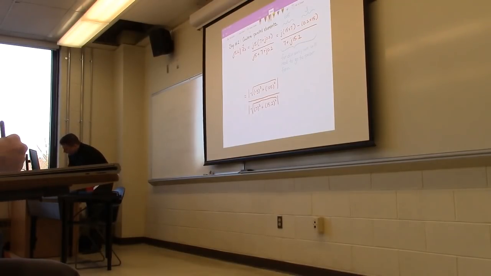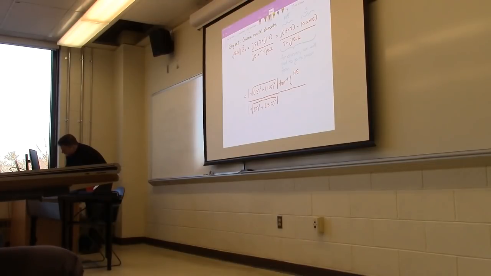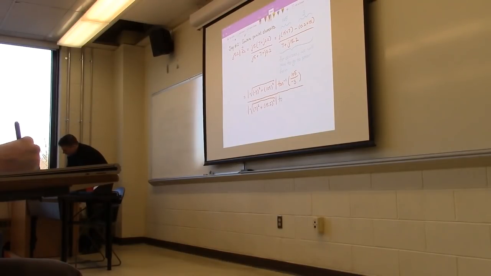Okay, then to find the angles, what function are we going to use to find the angles? Inverse tangent. So the inverse tangent of our real over imaginary, 105 divided by -3. And then our inverse tangent, should it be reversed?